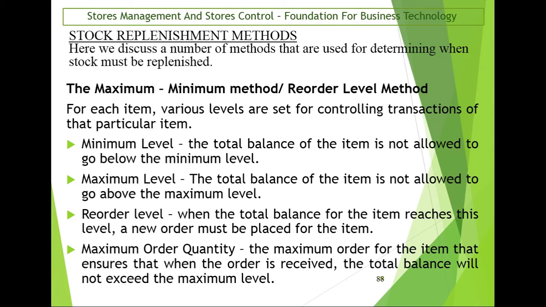We then calculate the maximum order quantity. So the maximum order for the item is that quantity that ensures that when the order is received, the total balance will not exceed the maximum level. So logically, you can see that the maximum order quantity has to be the maximum level minus the reorder level.